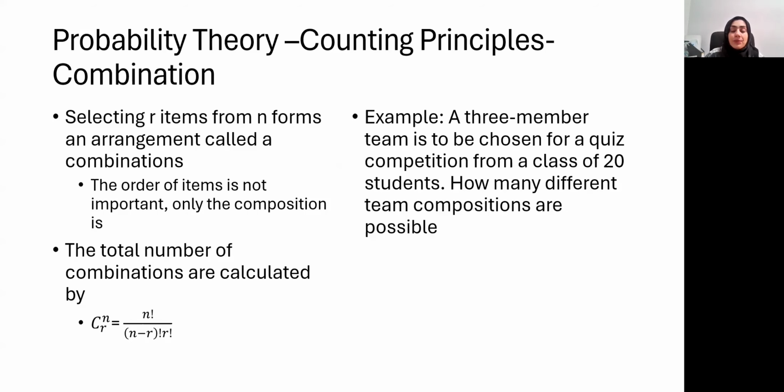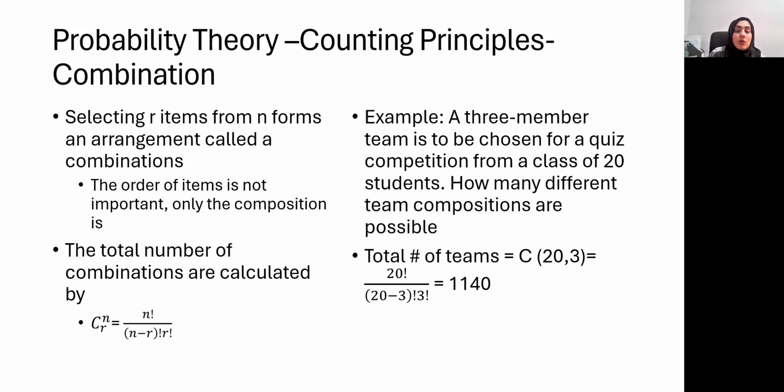Consider an example. If we are to choose a 3-member team for a quiz competition from a class of 20 students, and you're asked to determine the total number of distinct team compositions possible from those 20 students, this is clearly a matter of selecting R items where the order does not matter. So we're going to use the expression for combinations.